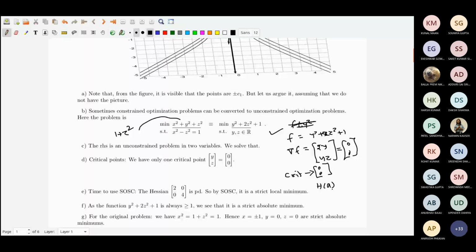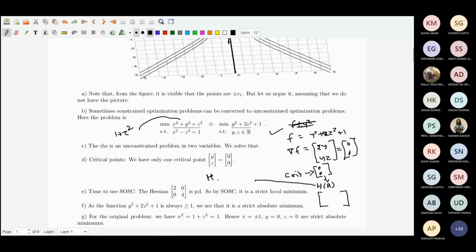This is the Hessian matrix of F at A, with the double derivative with respect to y.